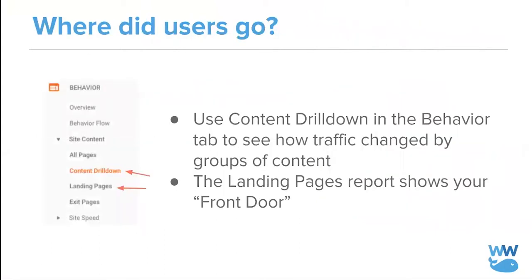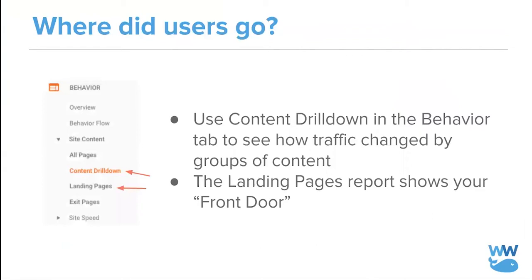So where did our users go? We like the content drill down report in the behavior tab. We'll get into it in a minute, but you could see how content performed based on overall categories. So whether it be your tips articles or your FAQs or your about pages, how did overall volume and quality of traffic to those pages change year over year.